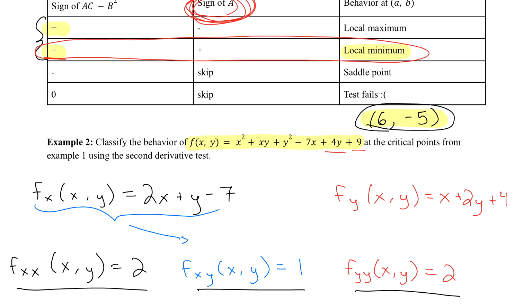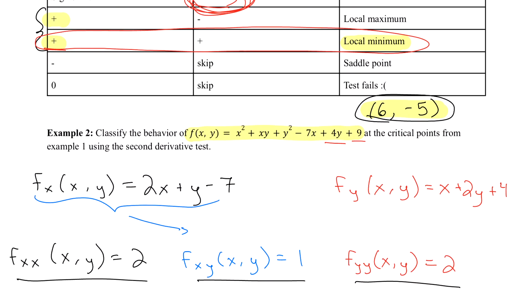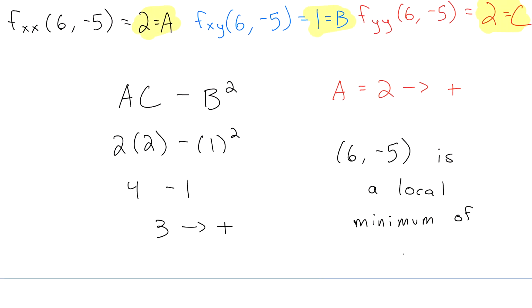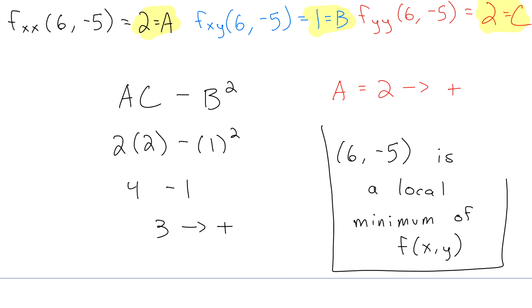So to finish this problem up, our critical point was right here, (6, -5). That means that (6, -5) is a local minimum of our function f of x, y. So there is our behavior at that particular critical number.